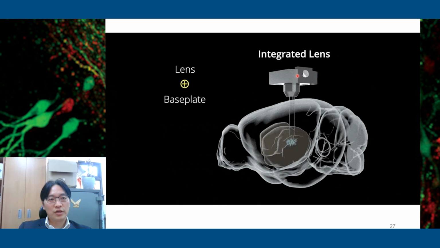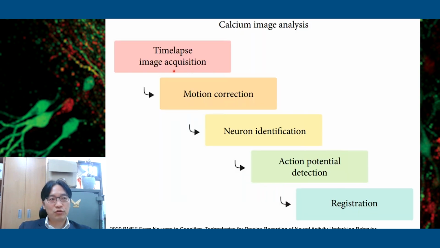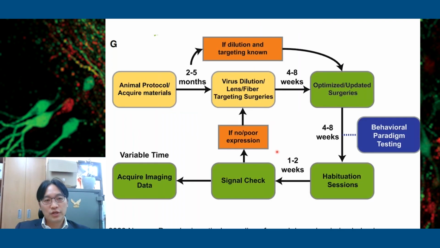And for the calcium imaging analysis, as I told you, you get the image acquisition with the time lapse, and you do motion correction and neuron identification, and you derive the action potential detection and registration. And the time required for the experiment is summarized like this.